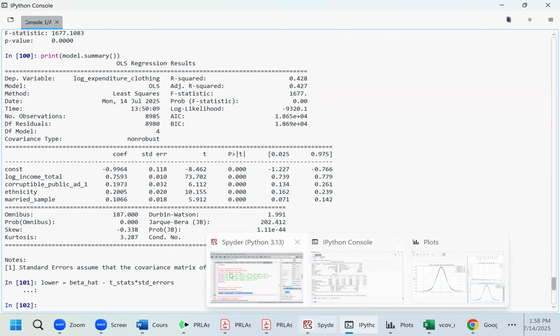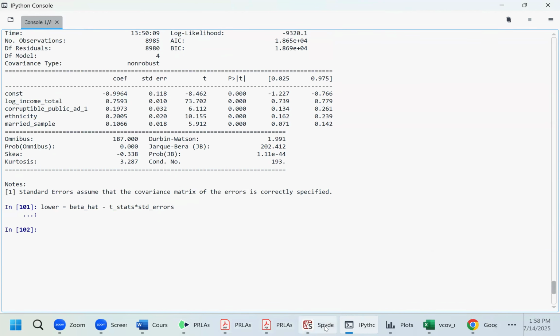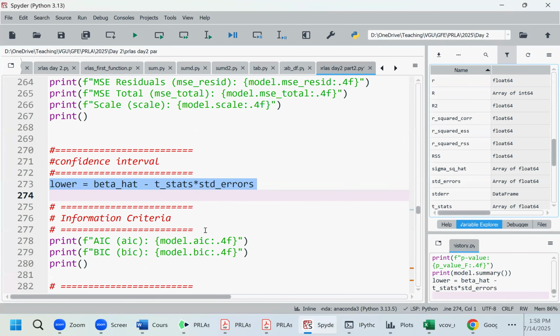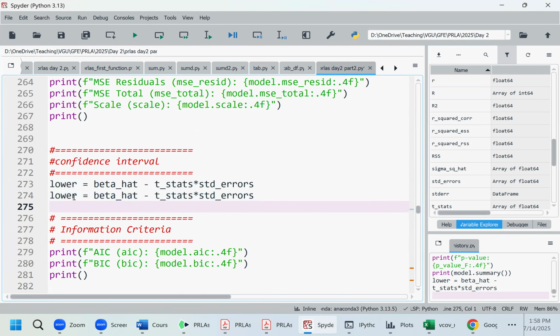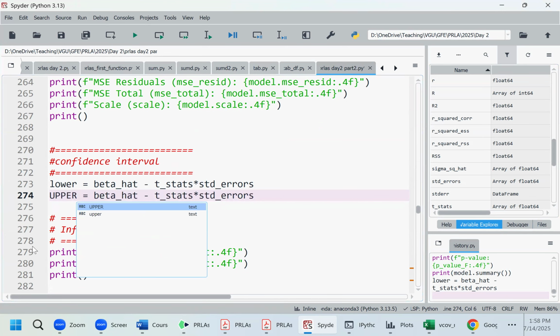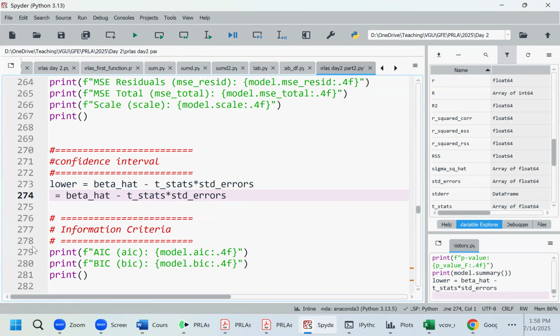Now, let's program again the upper. Let's say the upper is too easy, right? Upper. Oh, I'm sorry, this is upper.